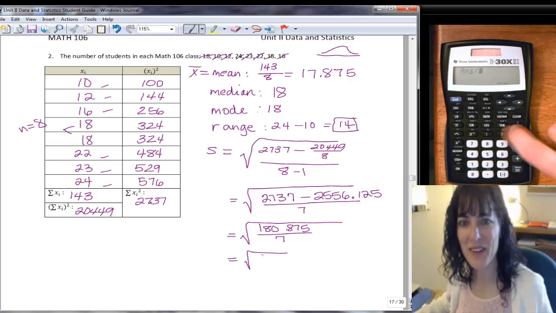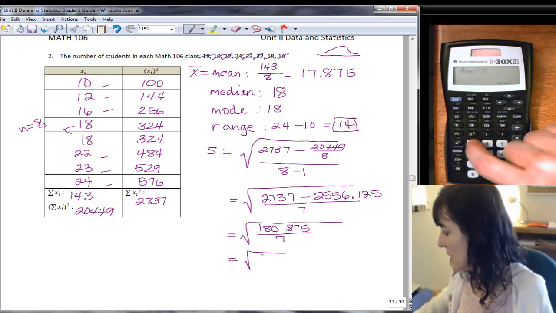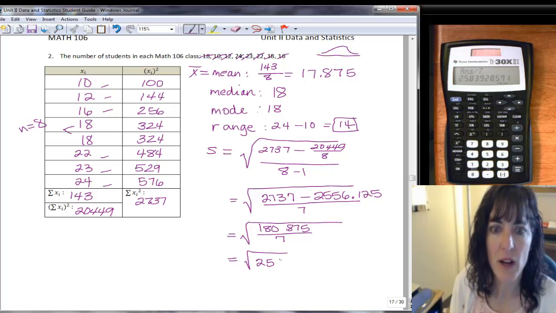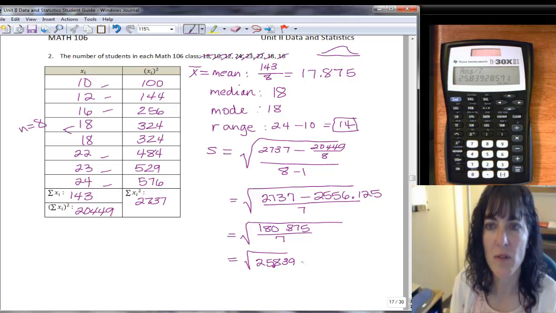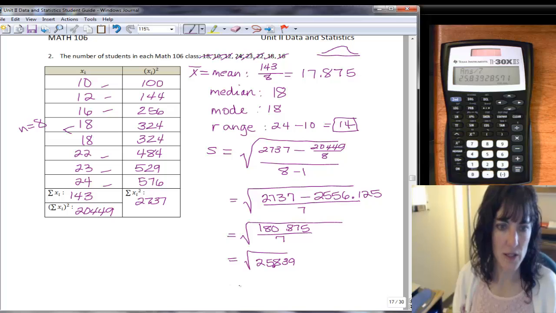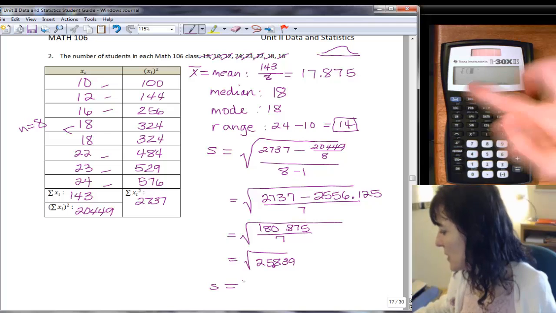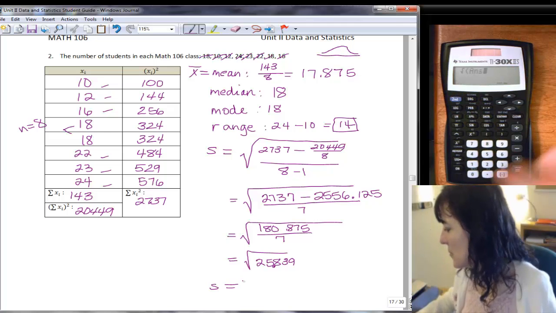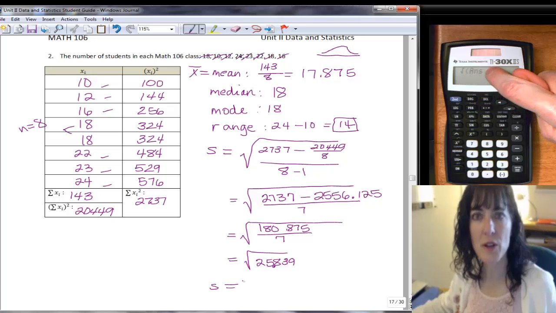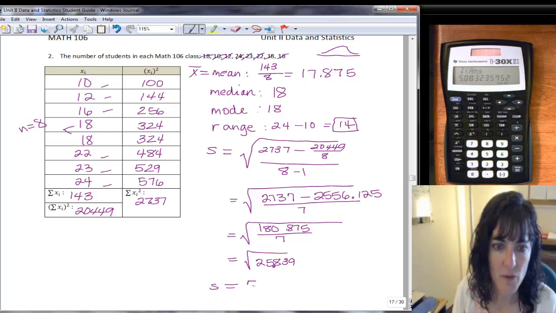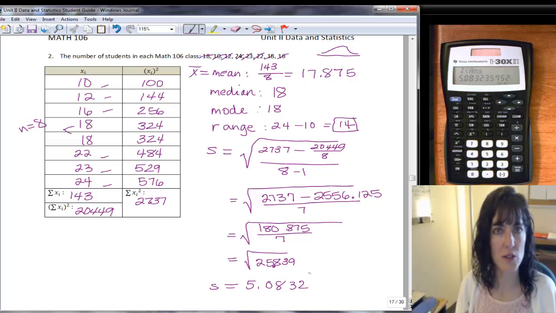So it's sitting there on my calculator, so just divide by that 7 equals 25.839, and so on. It's 25 point all that. Then I need to take the square root of it. So we'll do second squared function, and so I'm doing the square root of the answer, push enter, and there I get 5.0832, and the next digit's a 3, so I'll just leave it as a 2.